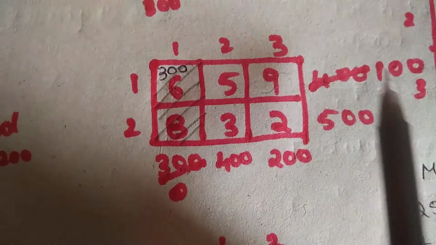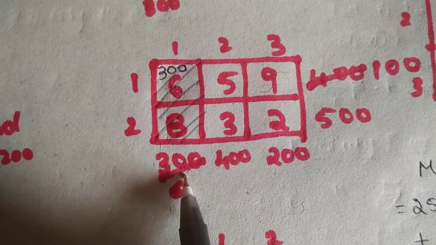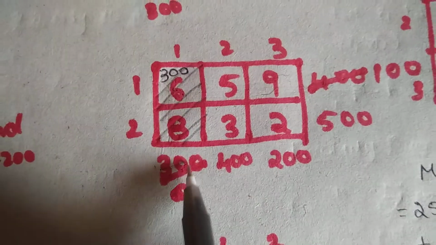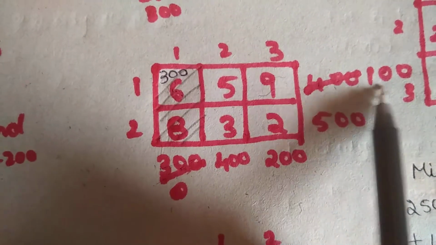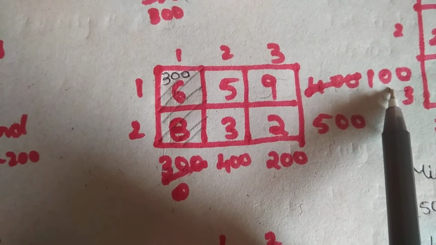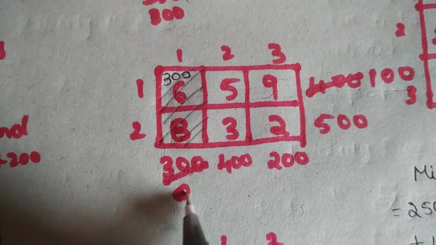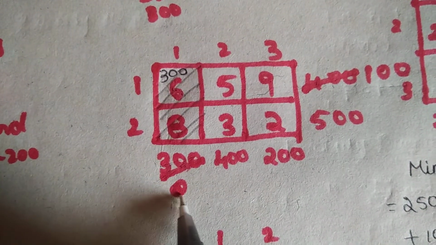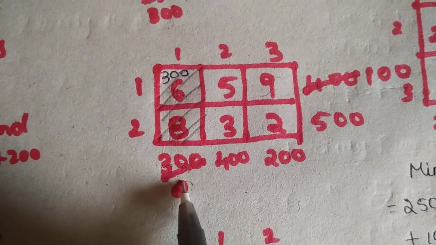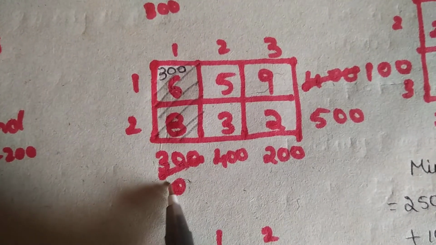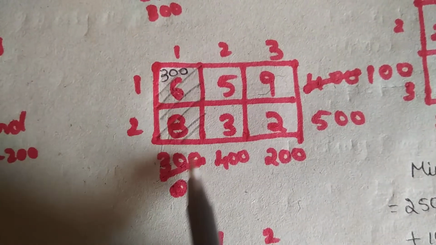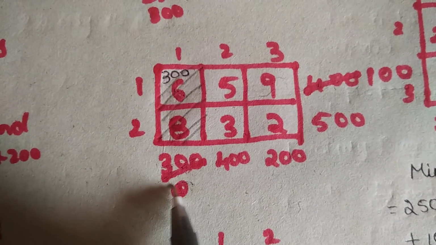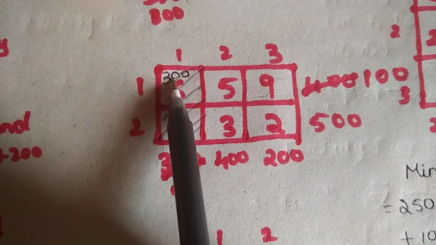We subtract 300 from 400, and the remaining value will be 100. The column place became 0, so we cancel this column. The value that became 0 is 300, so we write 300 here.